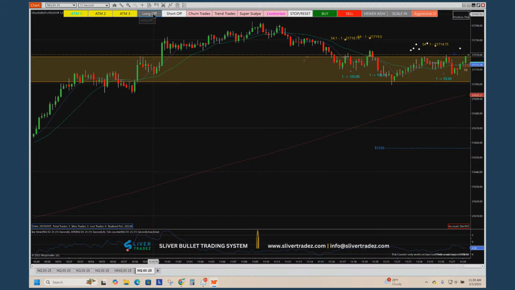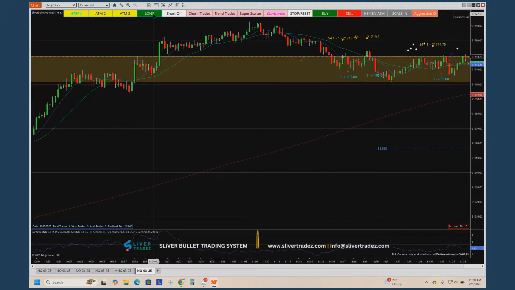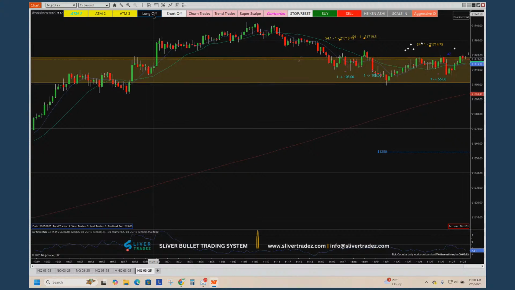Right. So from here, I will try to go long if there is a nice pullback. It's still in the range.